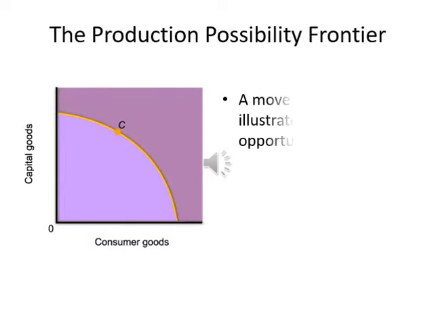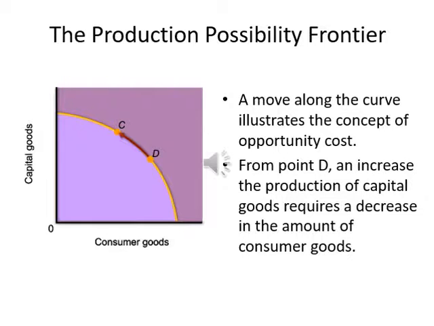The production possibility frontier. A move along the curve illustrates the concept of opportunity cost. From point D, an increase in the production of capital goods requires a decrease in the amount of consumer goods. Table 1.